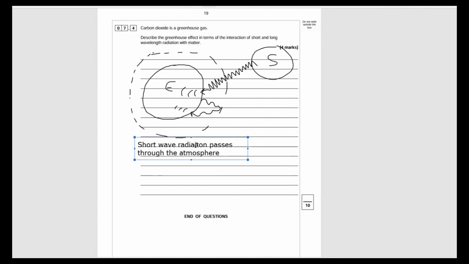This is what's so annoying. It'd be so much nicer if it just automatically typed what I said. So shortwave radiation passes through the atmosphere, reflects off the Earth.